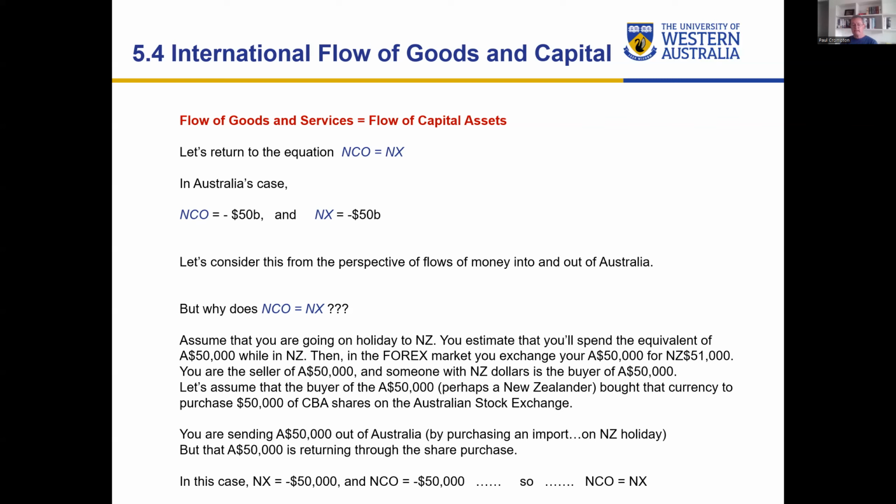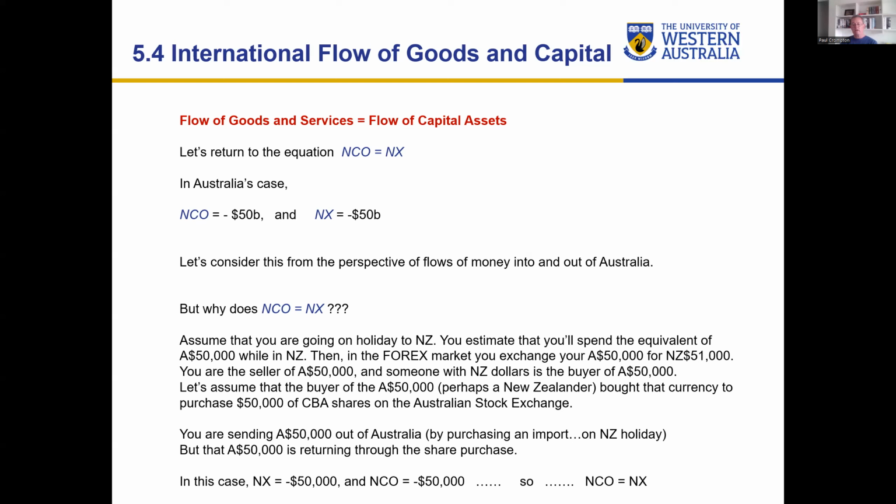In that case, you would have imported $50,000 worth of foreign goods, but the New Zealander purchased $50,000 worth of Australian exports. So then, in terms of this equation, exports would have gone up by 50, imports would have gone up by 50, NX would have remained 0, and NCO is 0 on this day because under this new scenario, there are no foreign investment transactions like the ones I just mentioned.